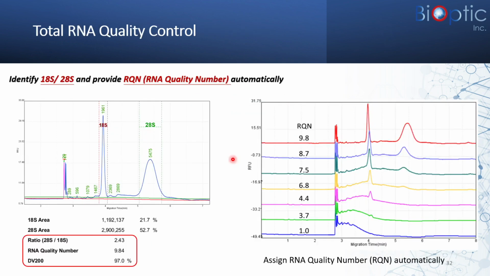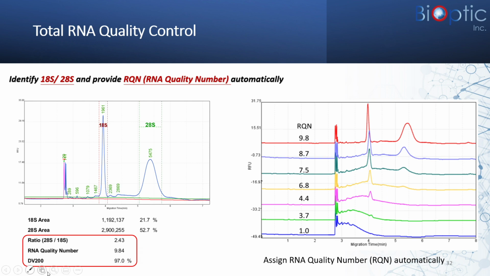In addition to DNA, total RNA is an important material in biological laboratories. Traditionally, people use the ratio of 28S and 18S to evaluate the total RNA quality. Now, many people use the RIN number as a reference for the RNA integrity index.